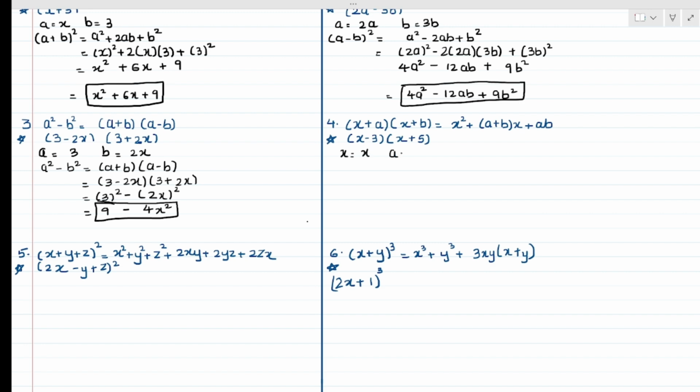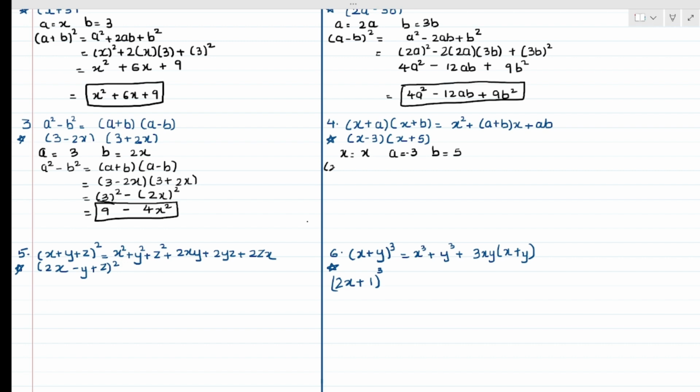Our a is 3 and our b is 5. As you can see over here, there is a minus sign in front of 3, so we will take it as negative 3. So our x is x, our a is minus 3 and our b is 5. So let's substitute all these things in our identity.